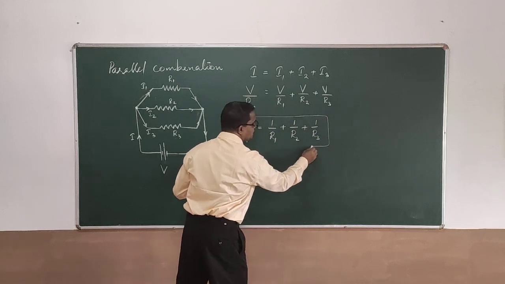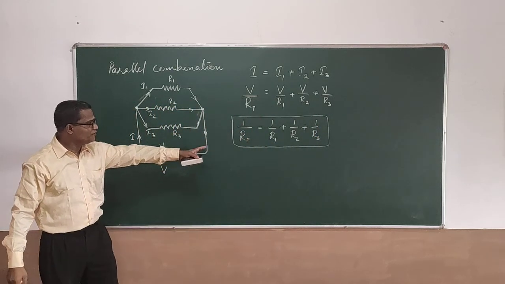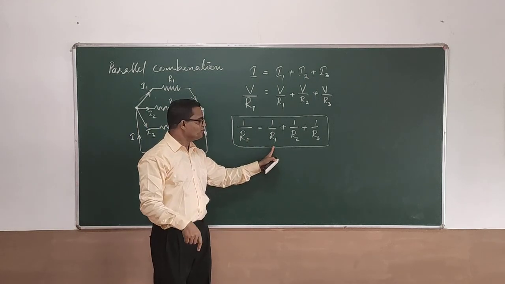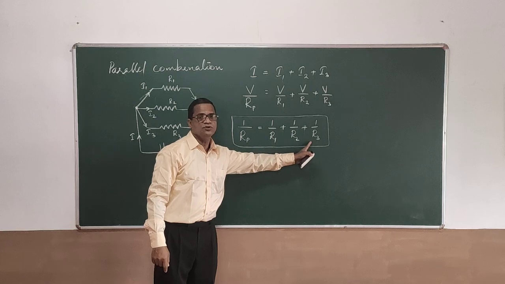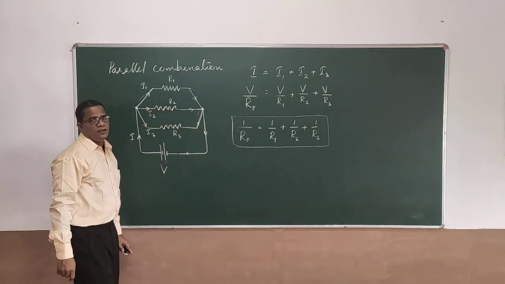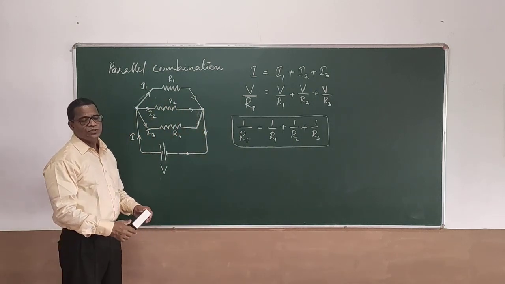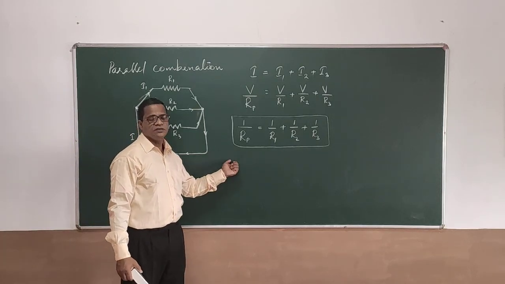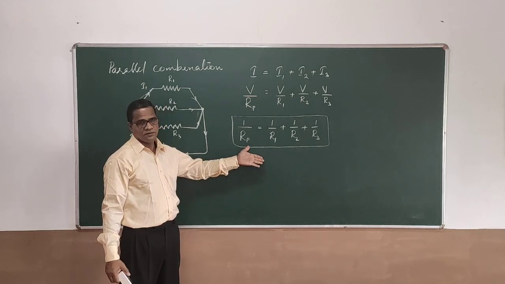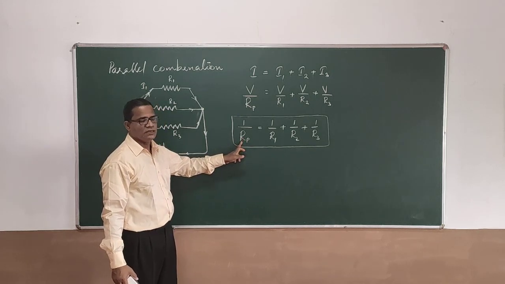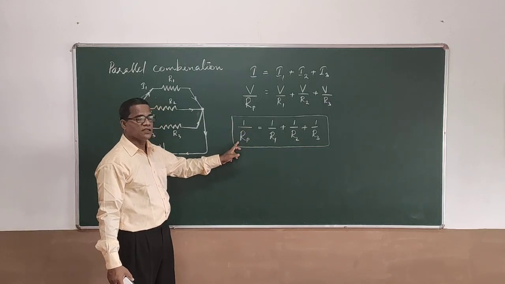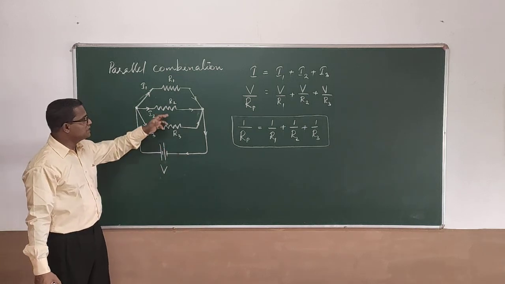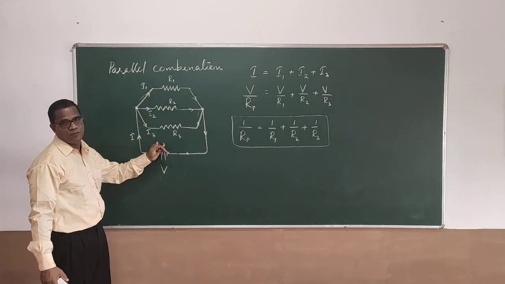That means the reciprocal of the effective resistance in parallel will be equal to sum of the reciprocals of the individual resistance. Now this combination is used to get a minimum value of resistance out of the given resistance. From this equation it is clear that the effective resistance in parallel will be less than the least individual resistance value in the combination.